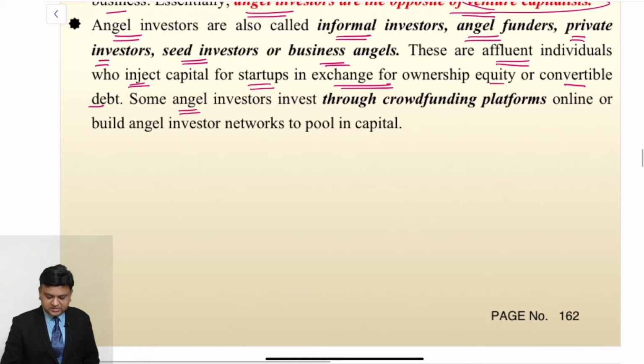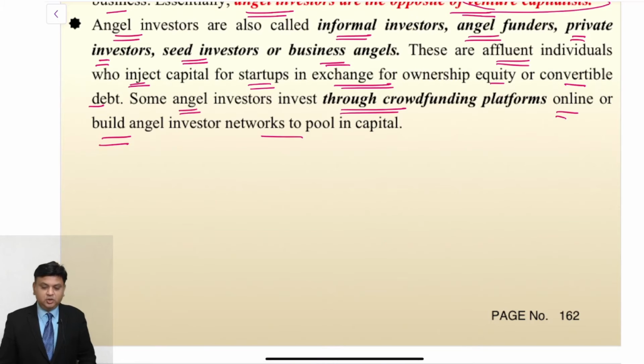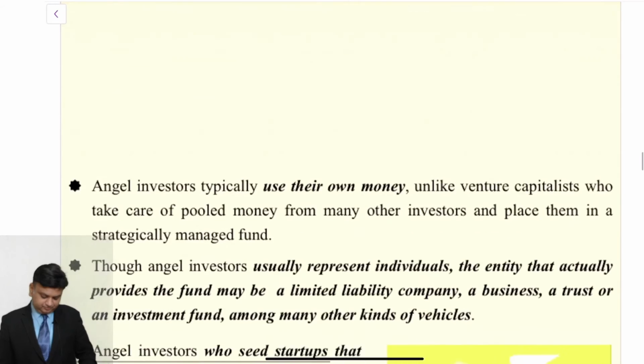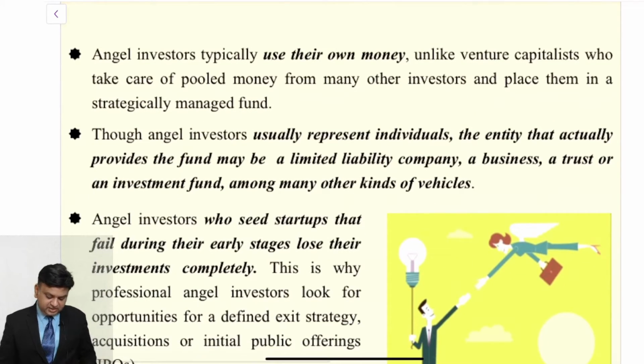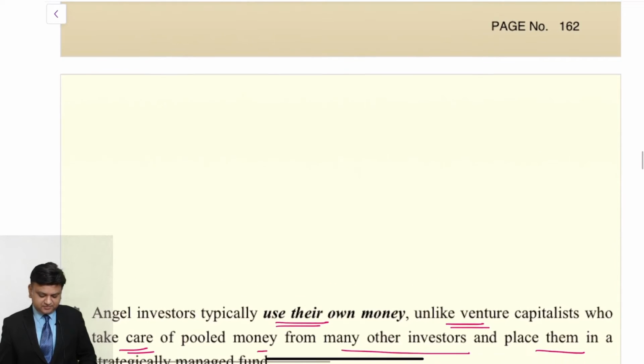Some angel investors invest through online crowdfunding platforms or build angel investor networks to pool in the capital. Angel investors typically use their own money, unlike venture capitalists who pool money from many other investors and place it in strategically managed funds.